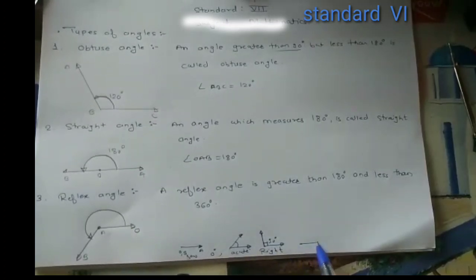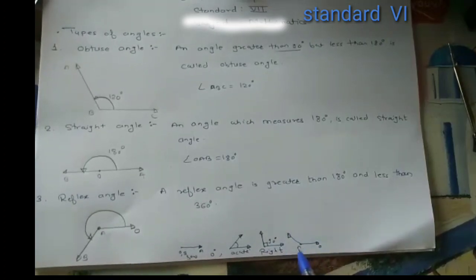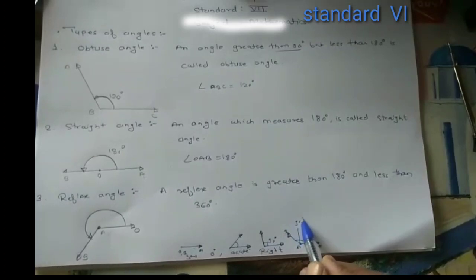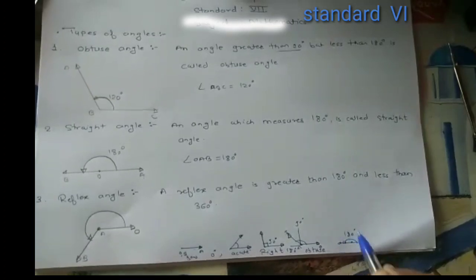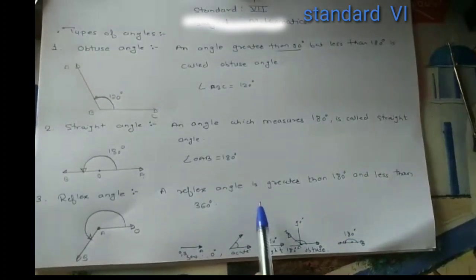After that, the measurement between 90 and 180 is called the obtuse angle. Then next, a straight angle measures 180 degrees, and now a reflex angle is what?